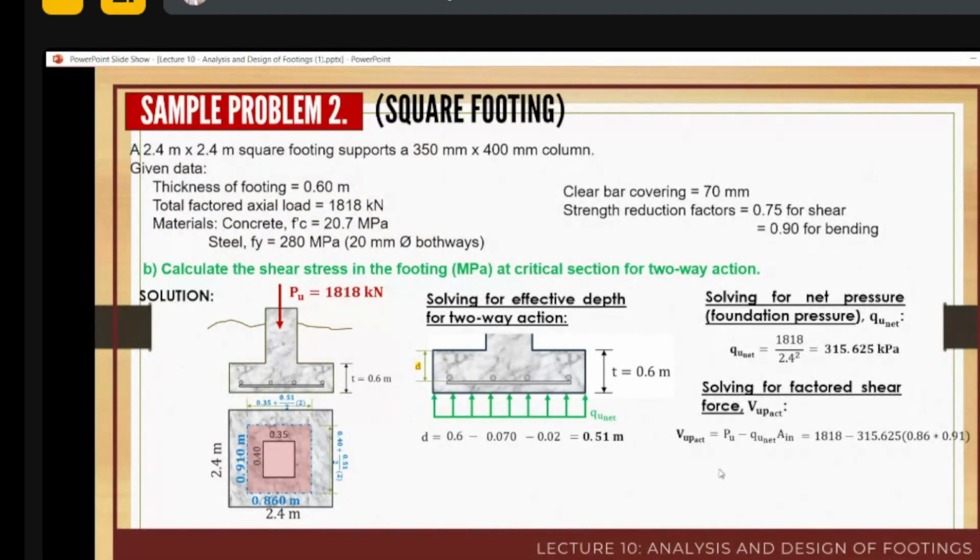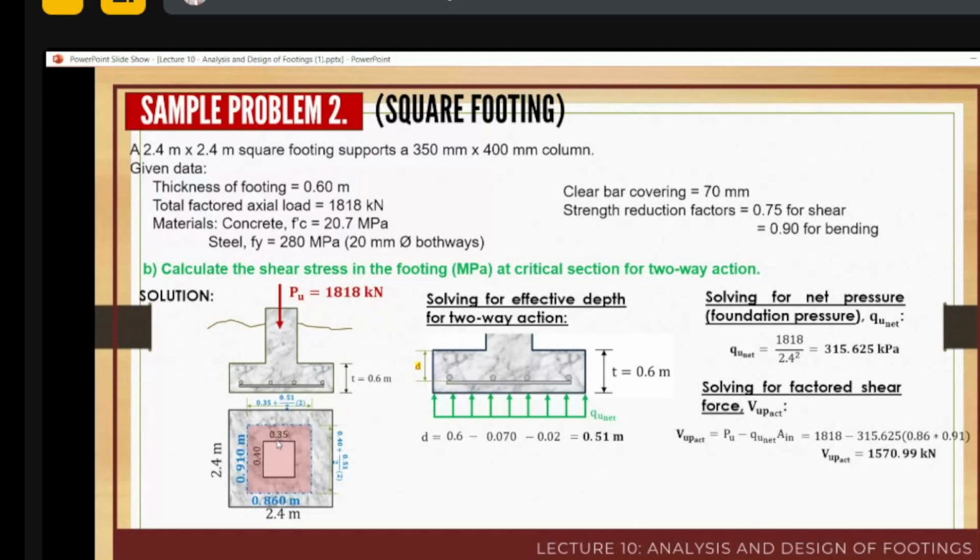Inner is katong Vo na to, nga 0.86 by 0.91. No? So how did we get this 0.91? Of course, muna siya ang d over 2. Kini nga diha, 0.51, 0.51 divided by 2. Muna siya diha paingon. So, therefore, you'll have 0.91 meters, and in this direction 0.80.